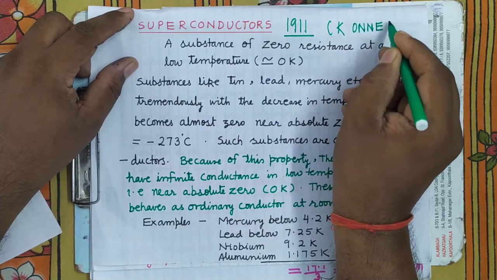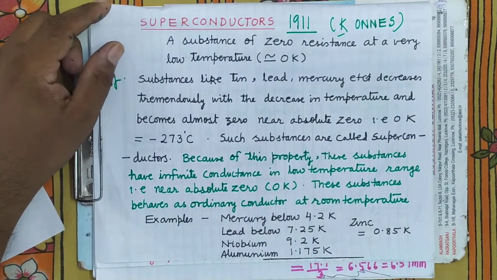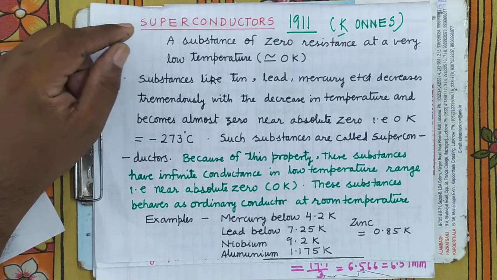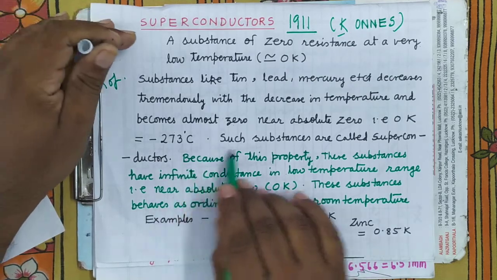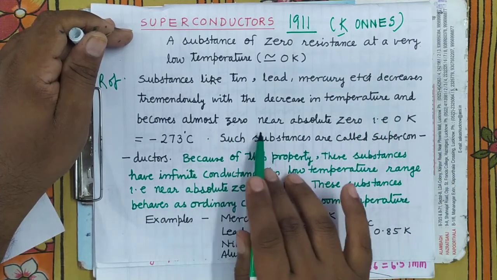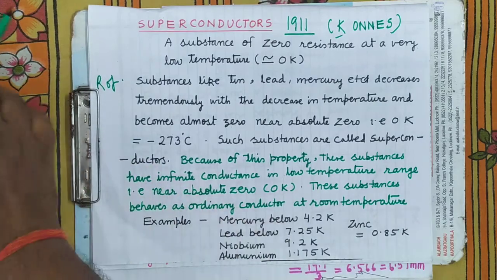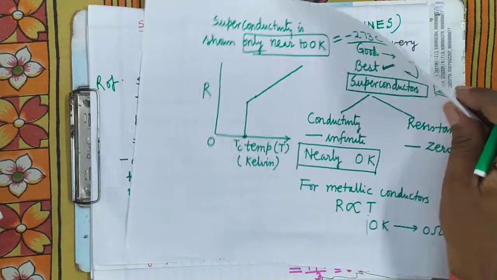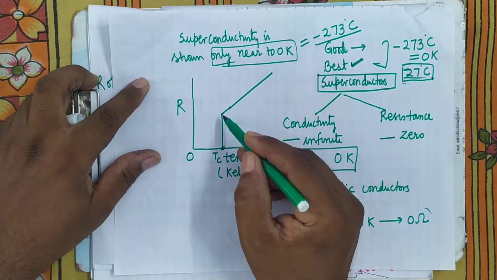It's clear. I don't know the full name of K. It is K. Onnes who discovered it in 1911. Such substances with the decrease in temperature become almost 0 resistance near absolute 0. Their resistance versus temperature graph will be like this. When you are decreasing the temperature, resistance decreases.